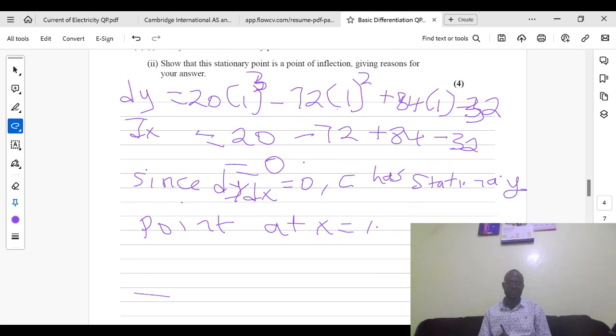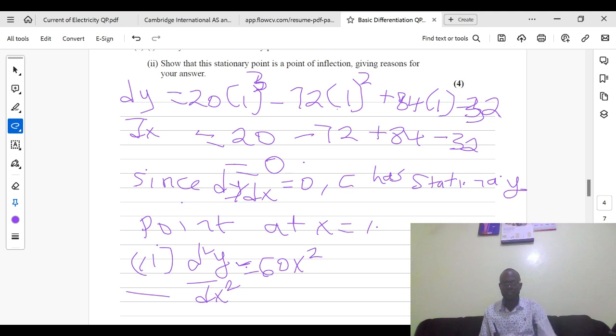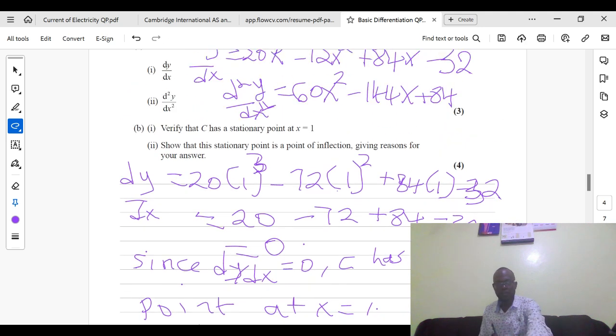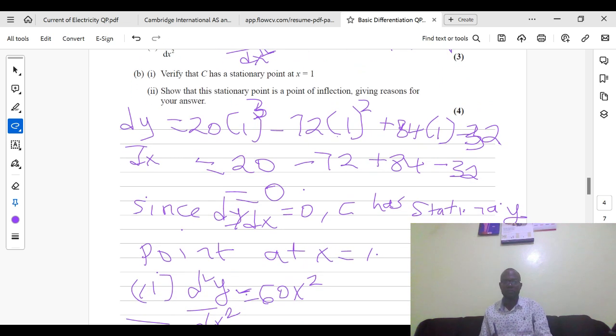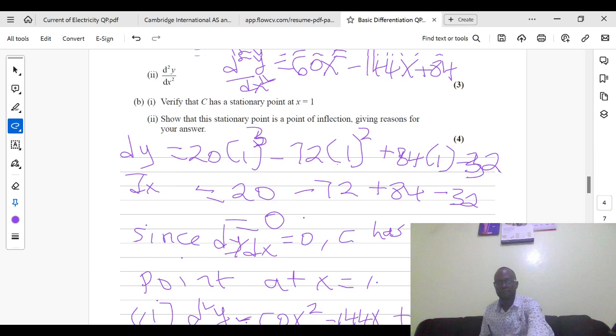So this is Roman 2: d squared y over dx squared gives us 60x squared minus 144x plus 84.